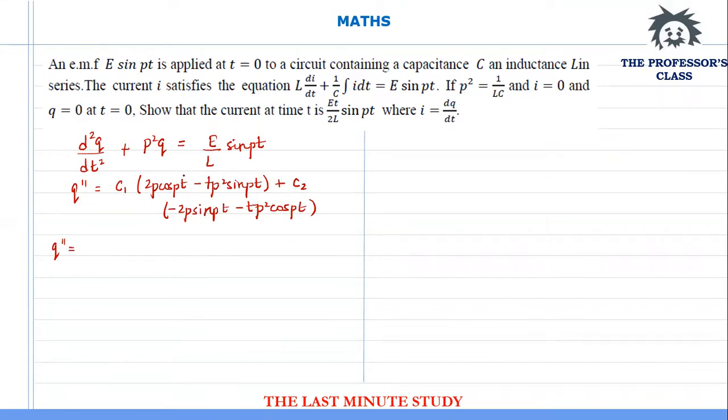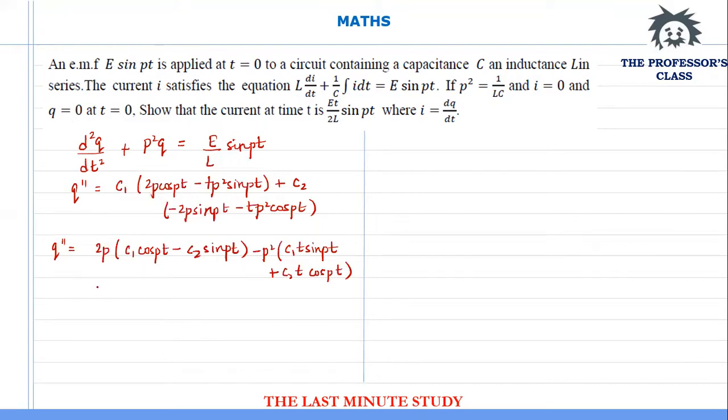First of all, I'll take these two terms, 2p cos pt and 2p sin pt. In these two terms I have 2p common, so I'll be left with c1 cos pt minus c2 sin pt. Similarly, out of this I'll take p square common. So I'll have minus p square common, and I'll be left with c1 t sin pt plus c2 t cos pt.